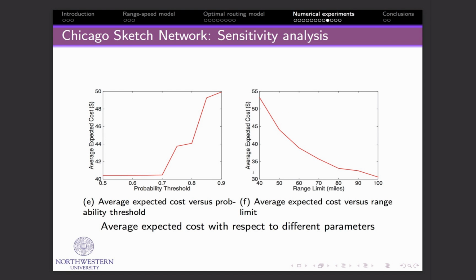The figure on the right shows that the average expected cost increases nonlinearly and almost monotonically when the range limit decreases from 100 miles to 40 miles. Comparing these two plots seems to indicate that the optimal user cost is more sensitive to the range limit than to the probability threshold. However, it has to do with the topology of the network, so maybe in other networks these results do not hold.